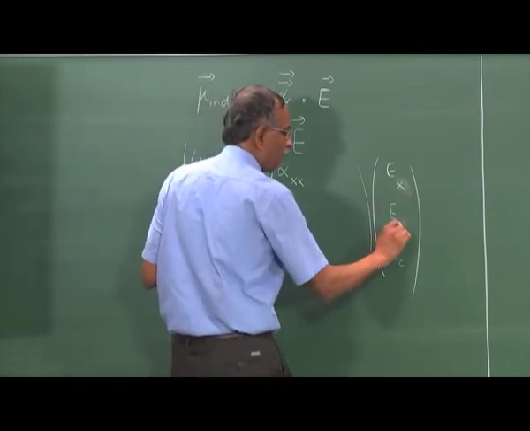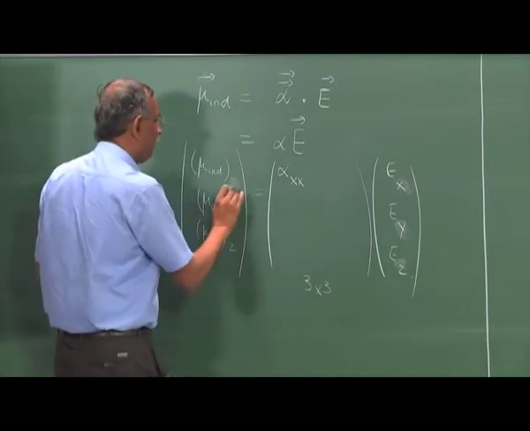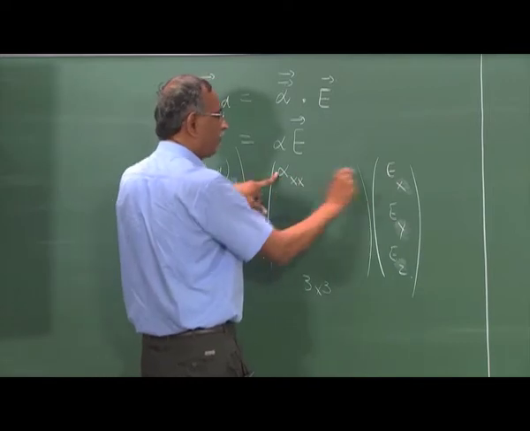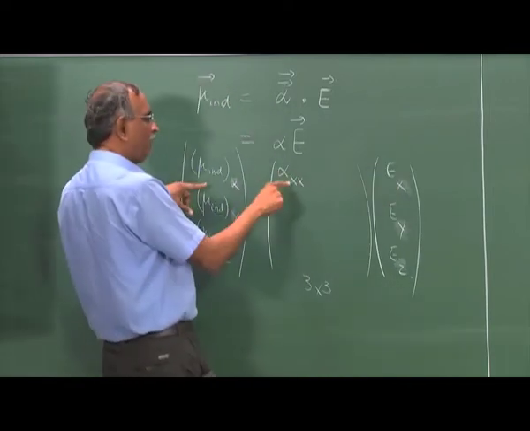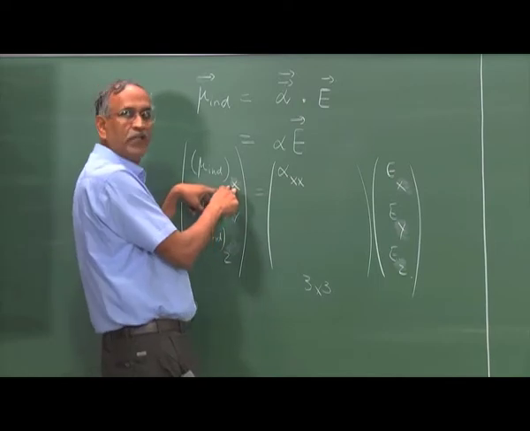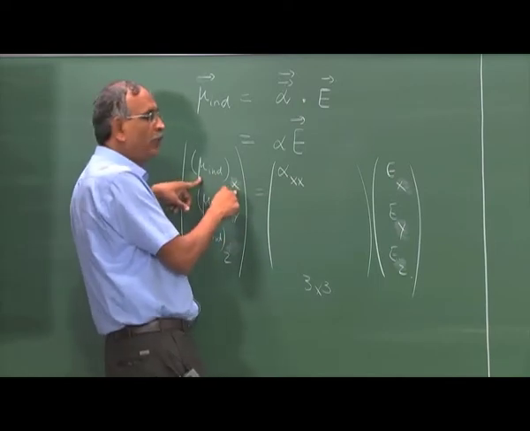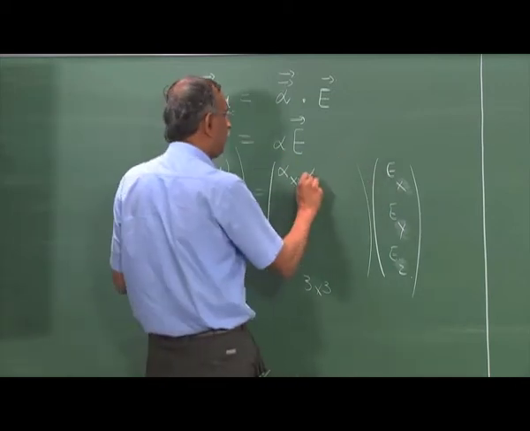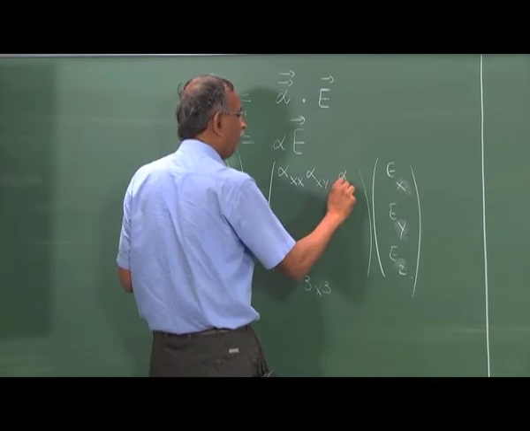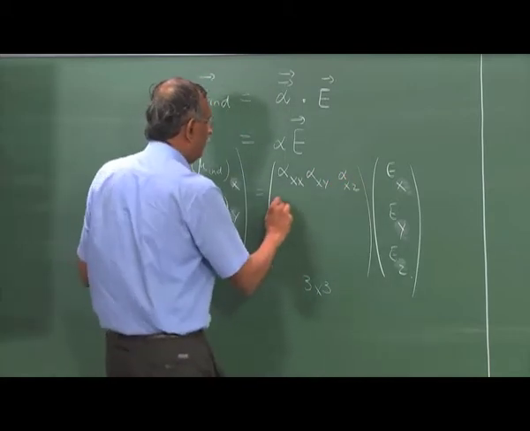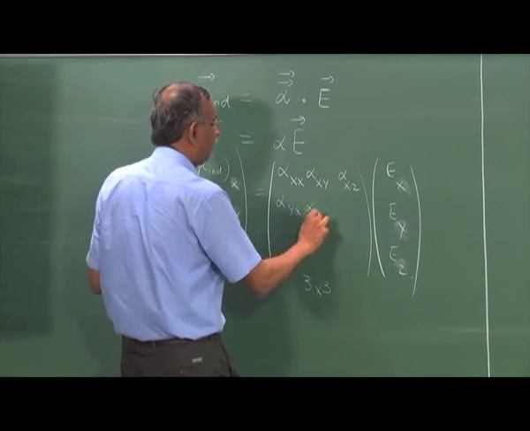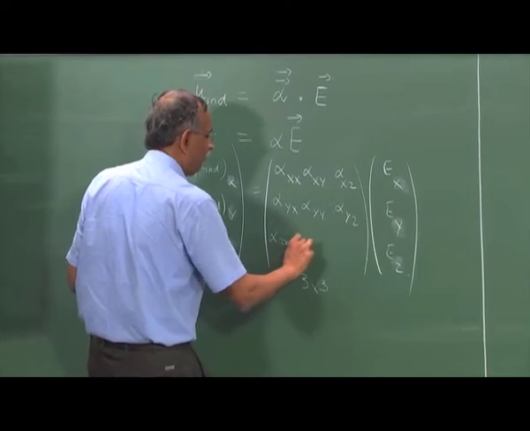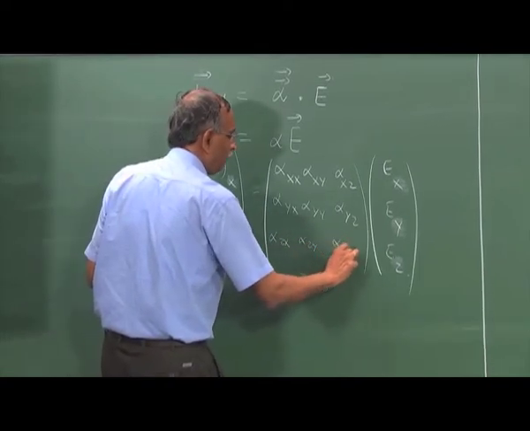If you write all of these as capitals, x, y, z, then alpha xx times Ex means the component which tells you the x component of the induced dipole moment with respect to the x component of the electric field, and likewise alpha xy, alpha xz, and alpha yx, alpha yy, alpha yz, alpha zx, alpha zy, alpha zz.